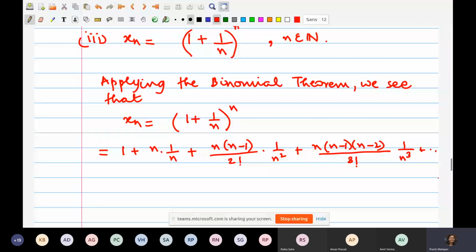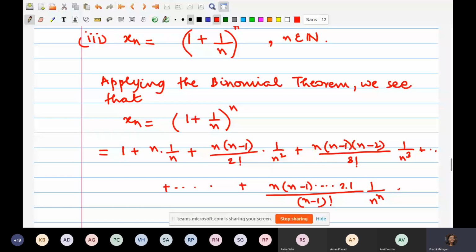It would be n times n minus 1 and so on down to 2 times 1, divided by factorial n, times 1 by n to the power n. I hope this is okay with everybody. This is the binomial theorem.